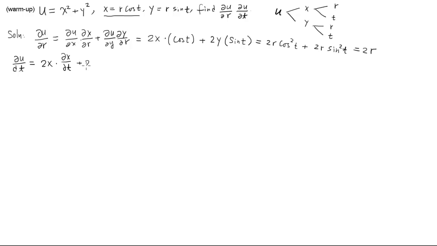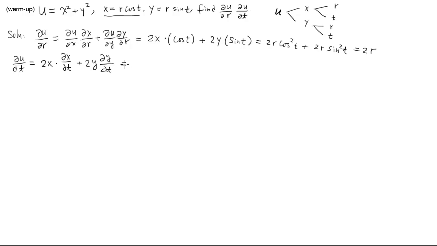We have 2y, and then we have the partial derivative with respect to t. You will see this is exactly the same thing if we just apply the formula, but we are not really doing anything different than the one we learned in first semester calculus, because x squared is a function of t, y squared is a function of t, x and y are intermediate variables.